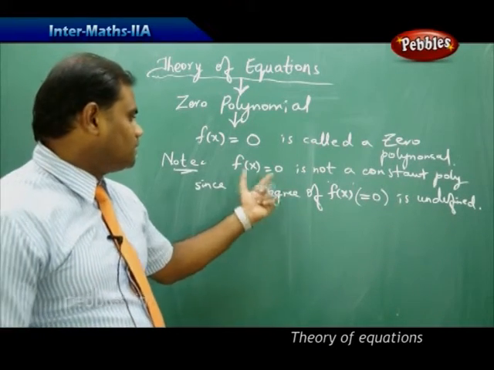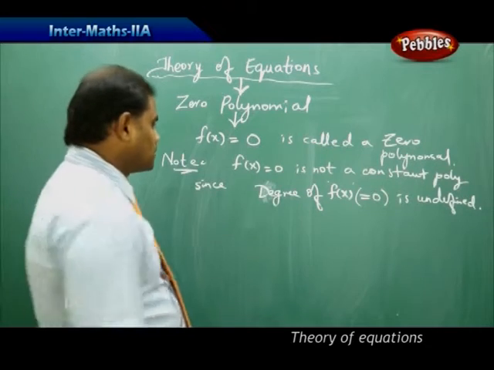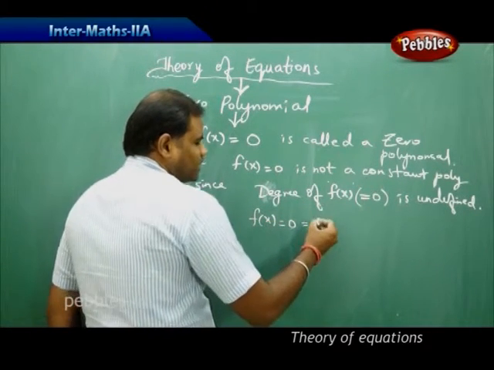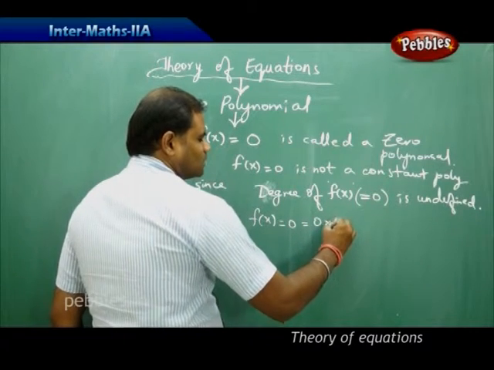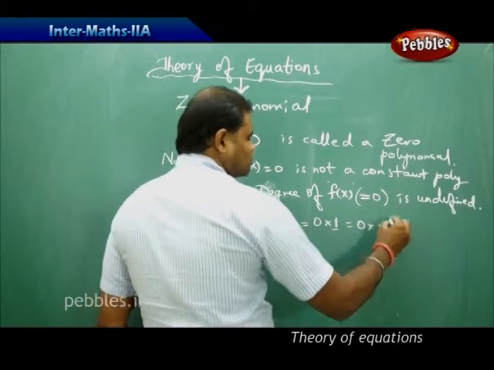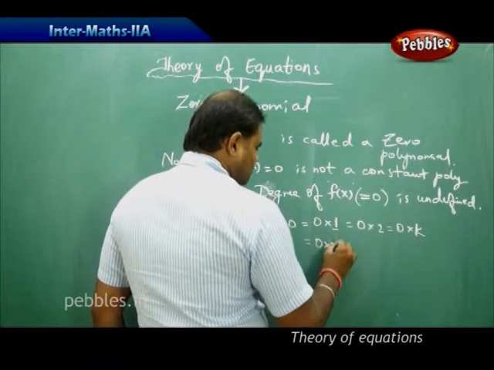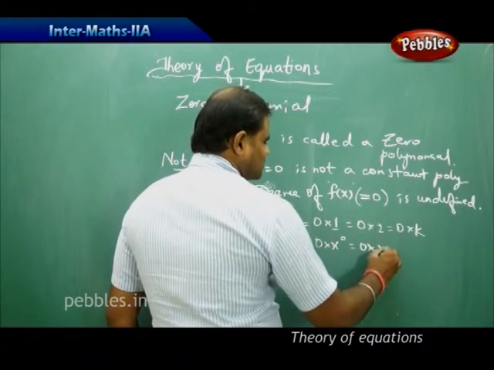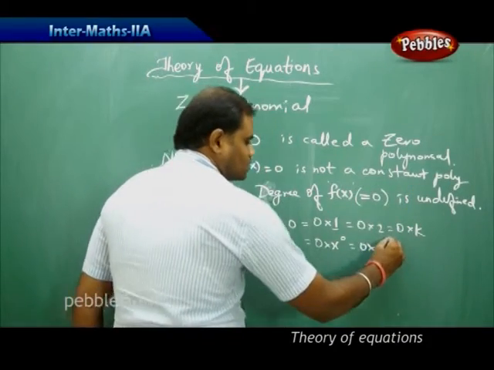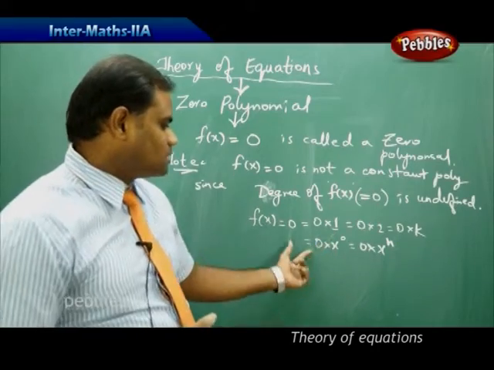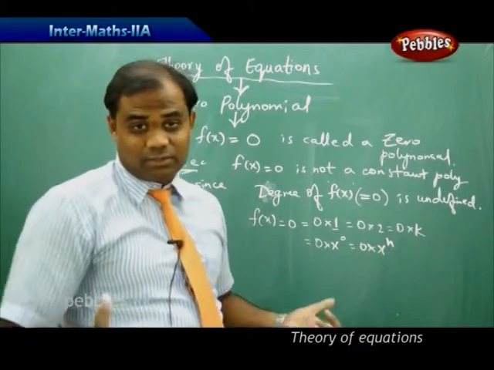So usually when I write in the form of 0, that means when I take f of x equal to 0, I can write this in various forms as 0 into 1. I can write this as 0 into 2 or 0 into k, or I can write this as 0 into x power 0. I can write this as 0 into x power n. So there is no fixed value for which I get this as 0, but 0 into any power of x also is 0.